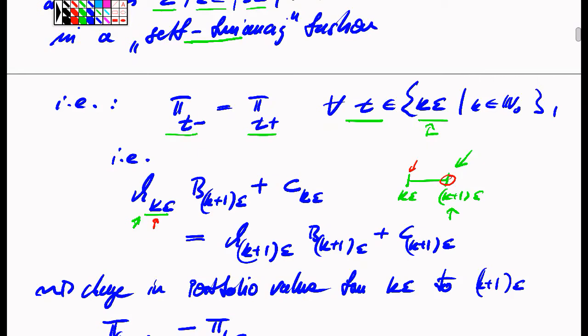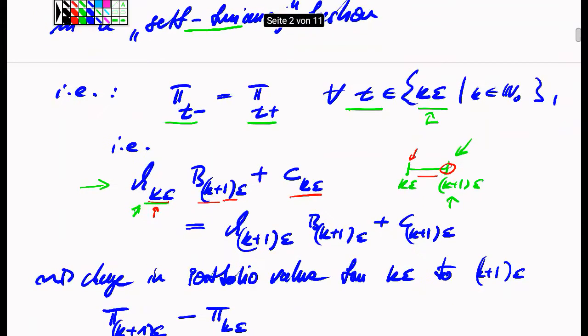Then he kept his amount of stock constant in this whole interval, but the stock developed in this time, which means that at the end of this interval, the stock component of his wealth is the total amount of stocks that he owned throughout this interval times the actual value of the individual stock at the end of this interval. And of course, he owns the cash amount that he had at the beginning of this interval and which he didn't touch. So this number here is the total wealth of the investor at the end of this interval.